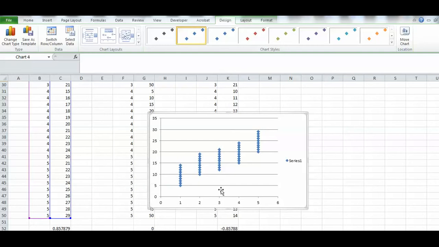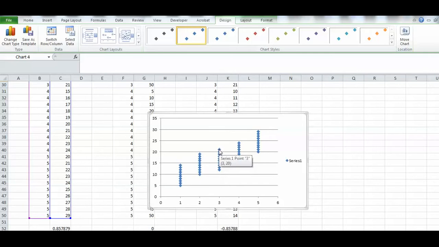These 10 people all have 3 children, and it looks like they're all working between, well, I said they're all working between 12 and 21 hours per week. If I put the mouse here, it shows me what the numbers are. If I put the mouse on one of the dots, it tells me what the two numbers are.